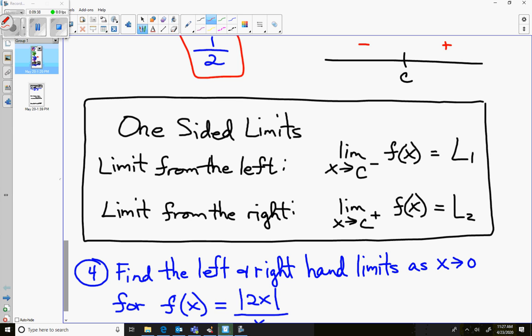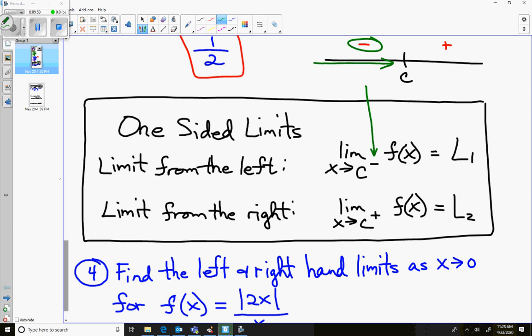Agreed? Well, with that in mind, still imagine that, but just whatever the value is, C, if we are coming from the left going this direction, from the left, we're going to use a minus. That would be our little designation.